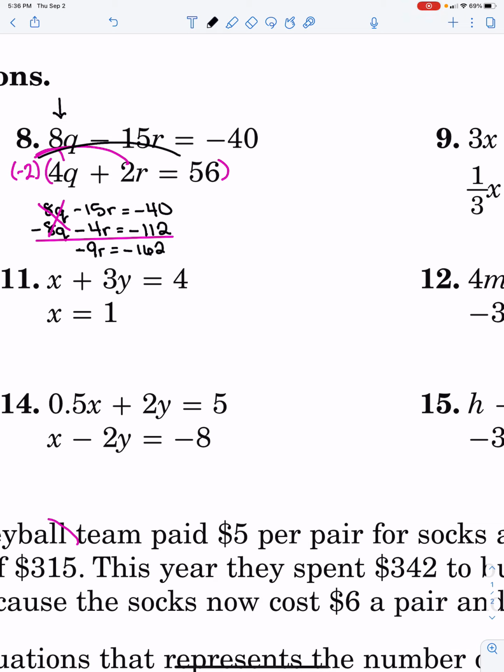Okay. Divide both sides here by 9. Remember, they're both negative, so negative divided by a negative is going to make it a positive. So 162 divided by 9 is going to give me r equals 18.